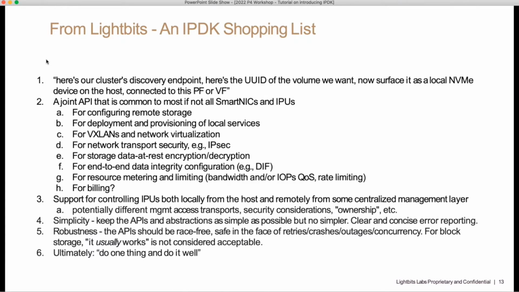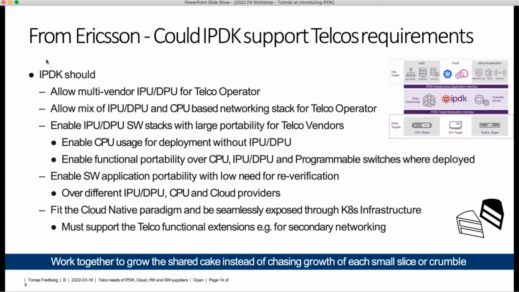Lightbits even provided an IPDK shopping list of what features we should provide and emphasized two main things, simplicity and robustness. From Ericsson, we heard the IPDK requirements from the telco perspective, again emphasizing multi-vendor DPU, IPU standardization, but Ericsson was also very vocal about the importance of coexisting with today's CPU-centric infrastructure, which is going to change gradually over time.